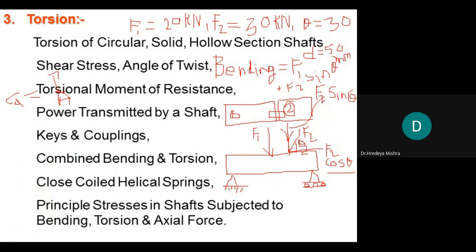Okay, so which force is responsible for the direct stress? That is the F2 cos theta. Means we have to find out the value of F2 cos theta. Then area, cross-sectional area of this beam, that has a diameter of 50.